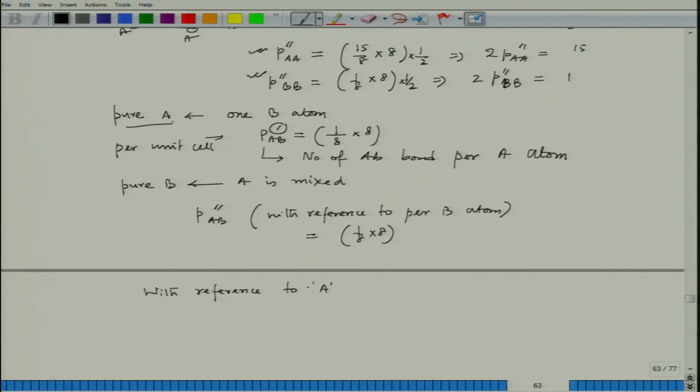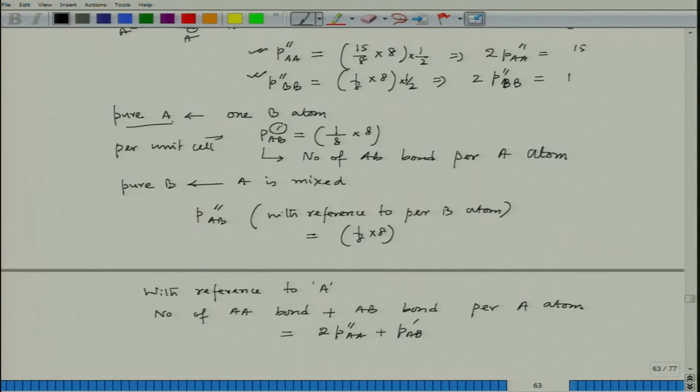A, and if I try to find out the number of total AA bond plus AB bond per A atom, it would be equal to 2 PAA plus PAB prime.